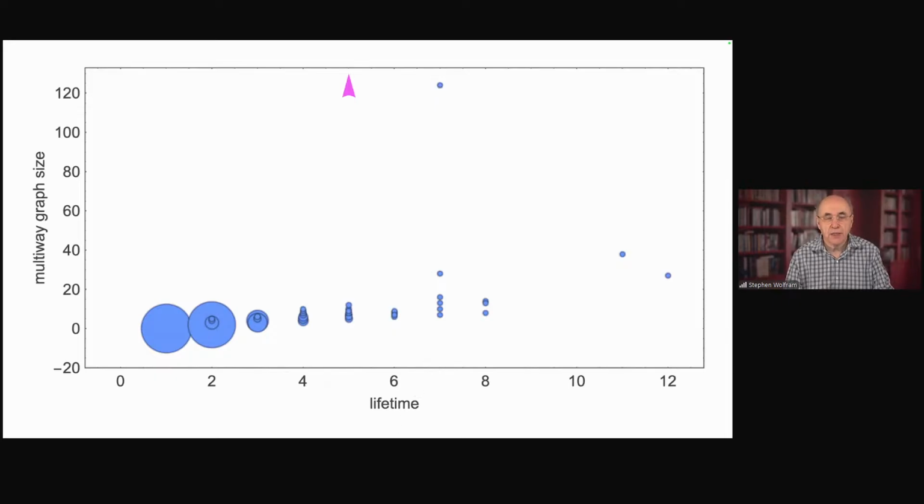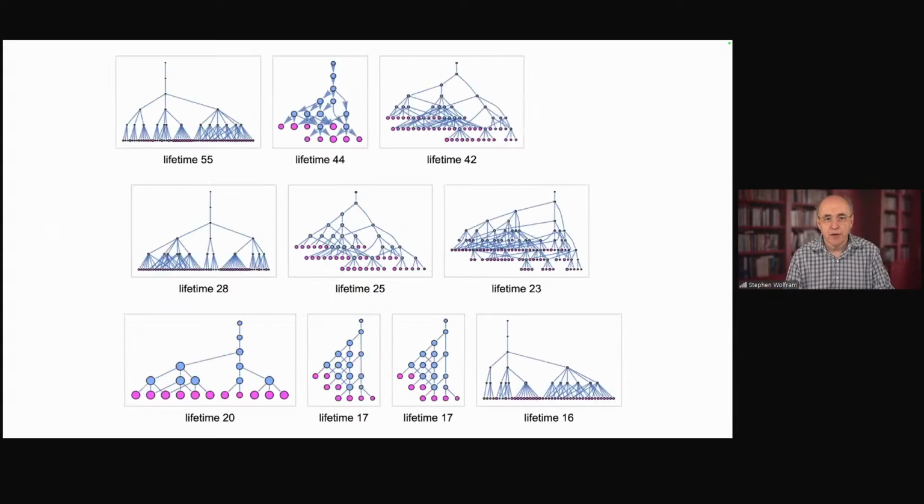So at size 9, here are the multi-way graphs for the 10 lambdas that we looked at earlier, those with the longest standard evaluation lifetimes, and these pictures have been computed to 5 steps.